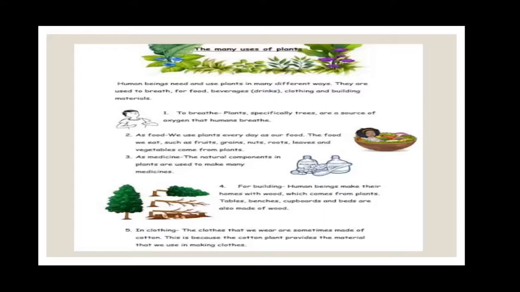For building, for construction also plants are useful. They provide us the wood to make our furniture. Next is for clothing. Some plants provide us the fiber which is helpful to make our clothes. For example, cotton, which is used to make our clothes.